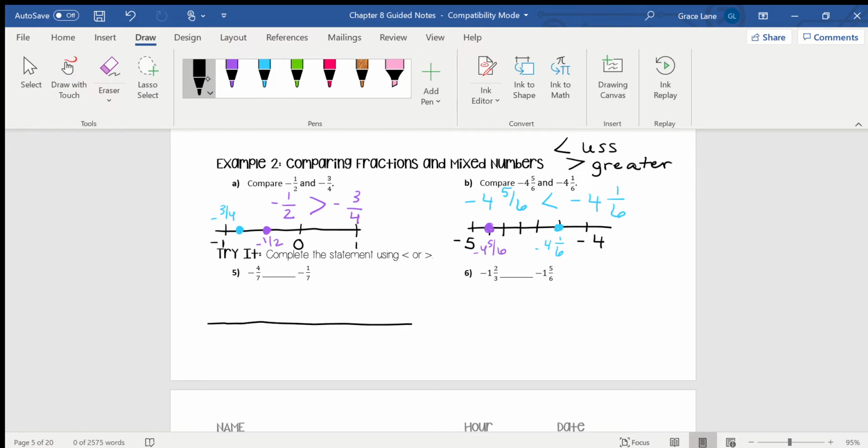Okay, so here is 0, here's -1, here's +1, -2.